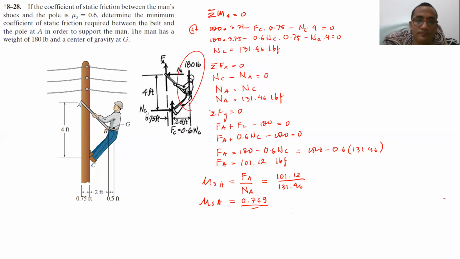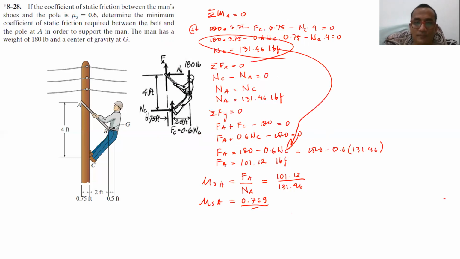This one. Then replacing Fc with 0.6 NC, this is the equation that we will get. And remember that we already have the value of NC, this one. By putting the value here, we will be able to get the value of Fa. This is our value of Fa.